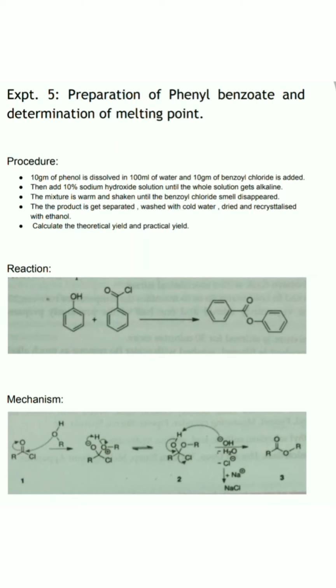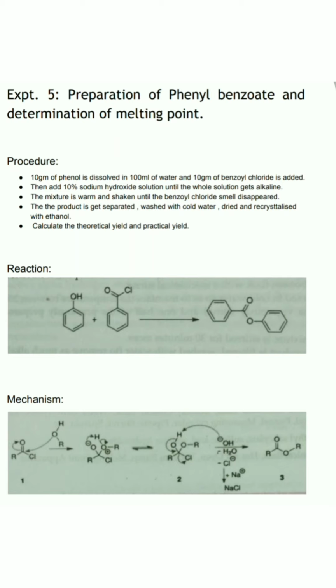Correspondingly there is a small rearrangement with the removal of Cl minus and water, and the excess sodium hydroxide, meaning the hydroxyl ion, will react with the H shown here to get eliminated as water, and the sodium ion from the sodium hydroxide will react with the chloride ion to form a salt, that is NaCl, and hence we get the ester formation, that is RC double bond O, OR. This is the total mechanism of the reaction.